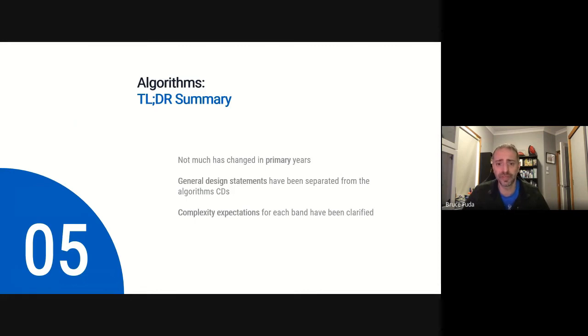With the design statements and the complexity expectations called out, I think we've all done a really good job this session so far talking about the big advantages with those changes. And the fact that you can now look at an algorithm statement and not have to read into it what the broader design process relationship with everything else you're doing is outside of algorithms, I think that's a real strength of this change.